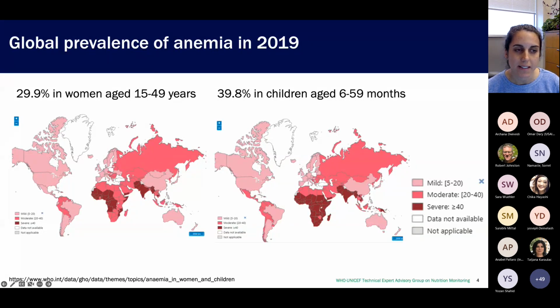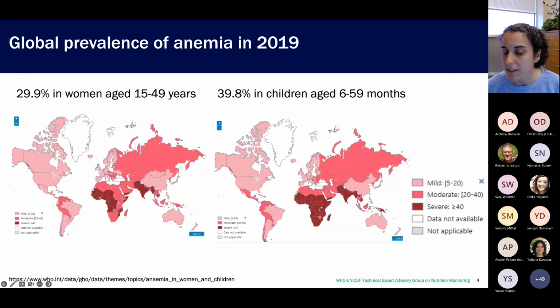And you can see that it's estimated that the global prevalence of anemia in 2019 in women of reproductive age, so 15 to 49 years, was almost 30%. And in children, so the map on the left is women, the map on the right is children under 5 years of age, was almost 40%. And you can see from the legend that the dark red countries are those with the highest prevalence of anemia.